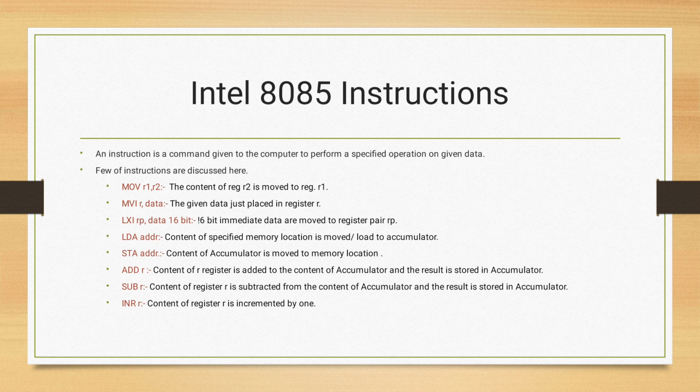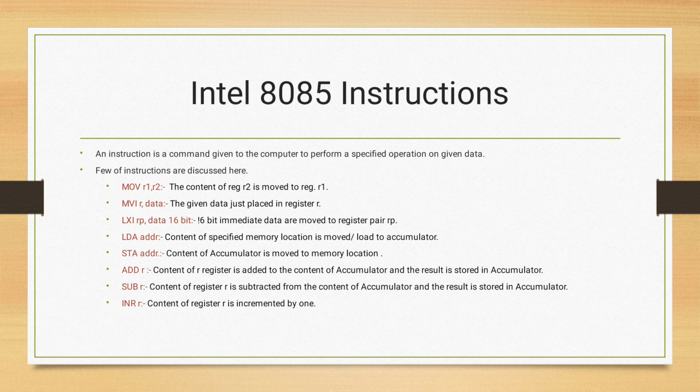What does it mean? Here the 16-bit immediate data is moved to the register pair RP. RP always represents a register pair. For example, for the instruction LXI H, 9000H, that means move 9000 to the HL pair. That means it is always located by the HL pair in 8085.